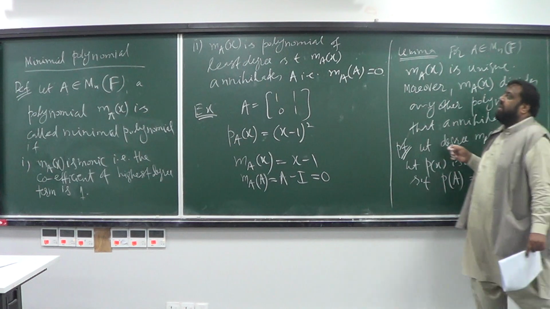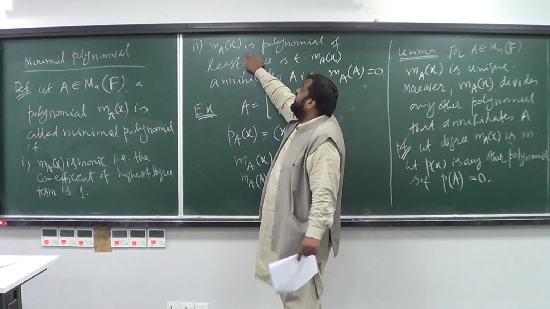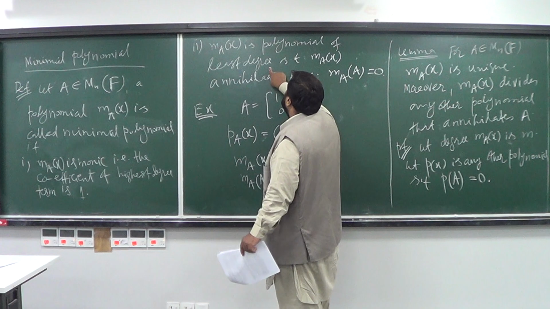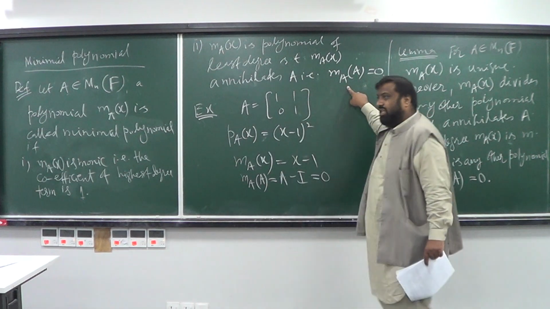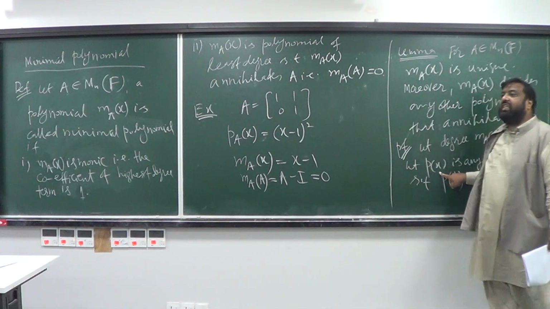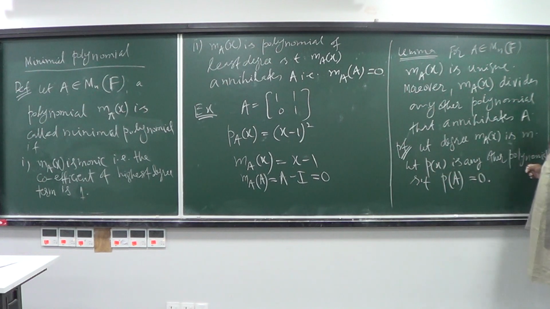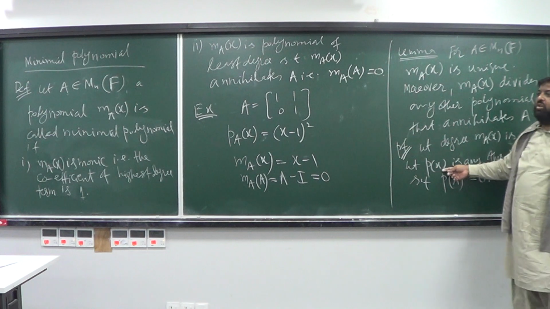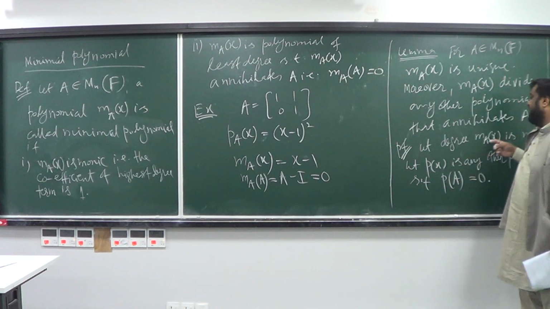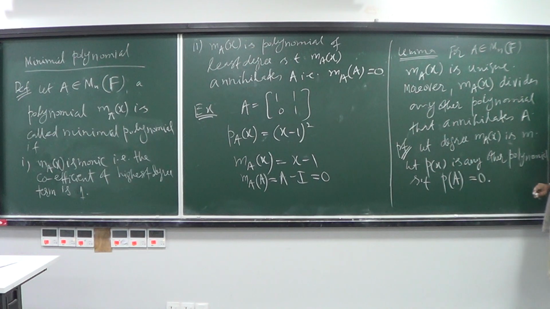Why? Because the minimal polynomial is the polynomial of the least degree that annihilates the matrix A. So if this is another polynomial that annihilates the matrix A, then it must have degree greater than or equal to m.